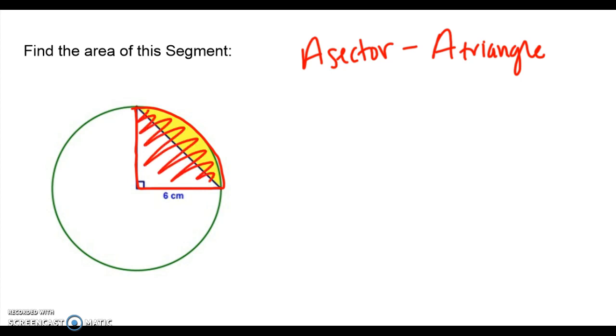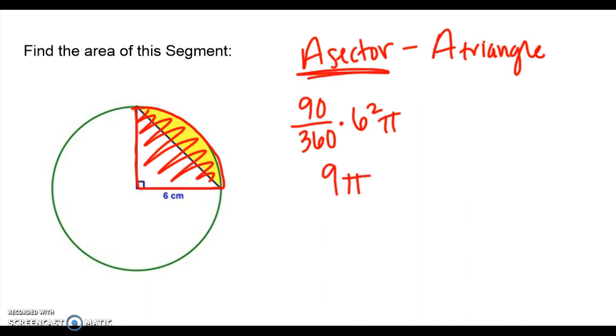Just like we did in the last one, 90 over 360 times my radius squared times pi. When I plug everything into my calculator, I get 90 over 360, which I know is 1/4, times 6 squared. So I end up with 9 pi here for the area of the sector.